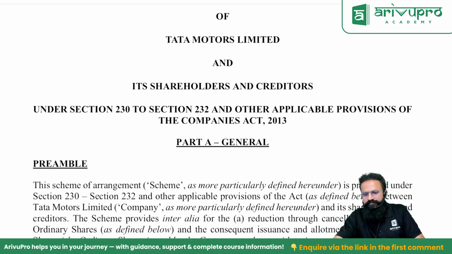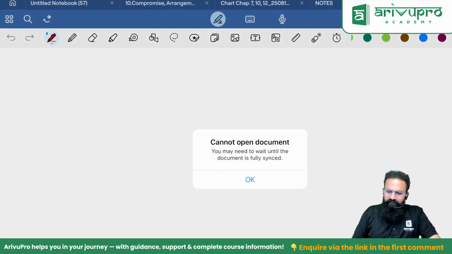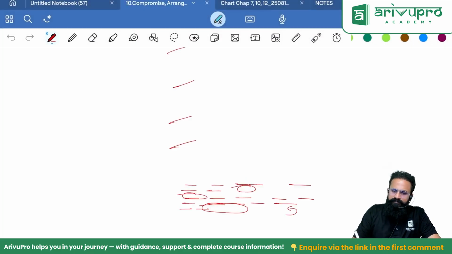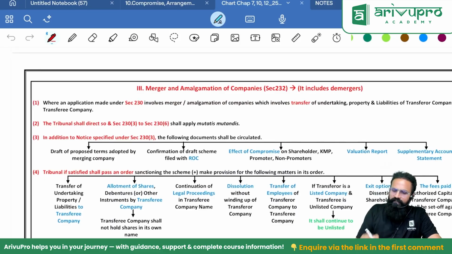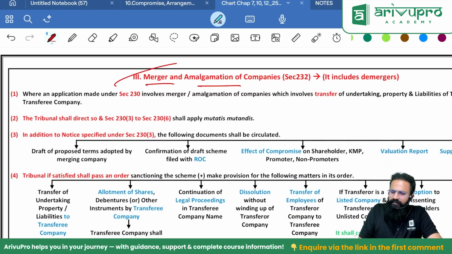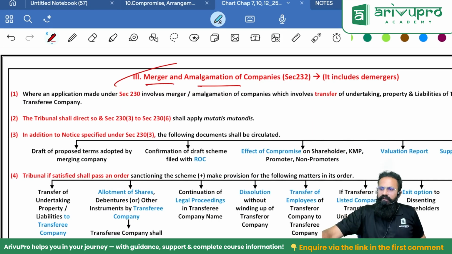Okay, Section 230, 231, any doubts? Now see here. Section 232: merger and amalgamation of companies. Now what does it say? Section 232.